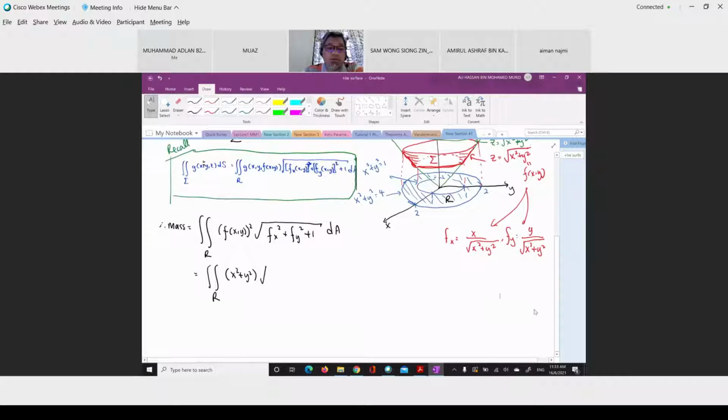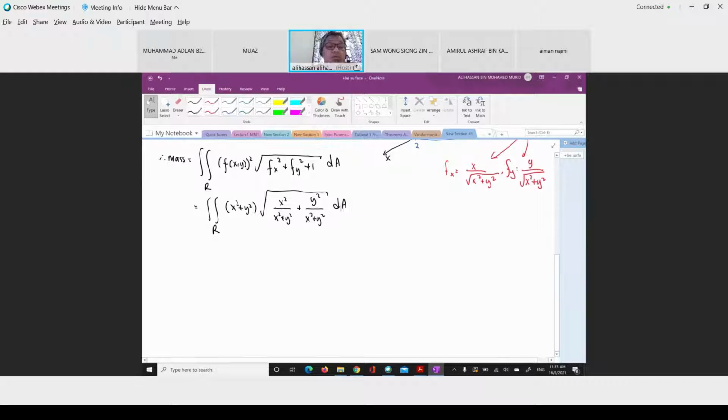So we want the square of f partial x. That means it is equal to x squared over x squared plus y squared, and f partial y squared is y squared over x squared plus y squared, dA, right? But this is the same as 1, isn't it?